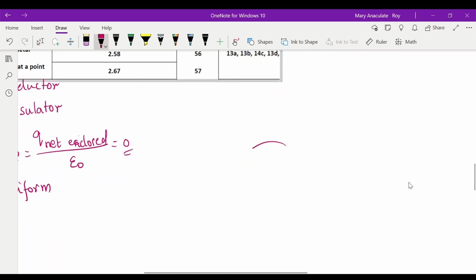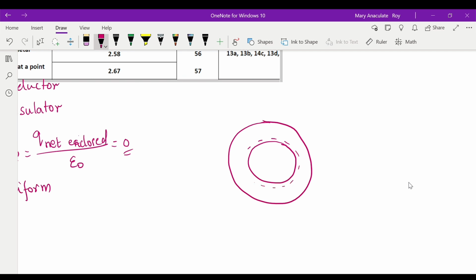So if you have a hollow shell, which is a conductor, and inside it there is a positive charge in the middle to attract the negative charges, right?